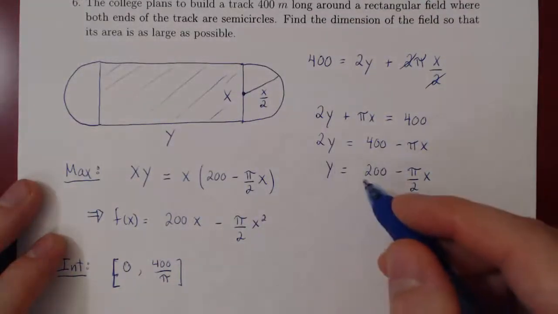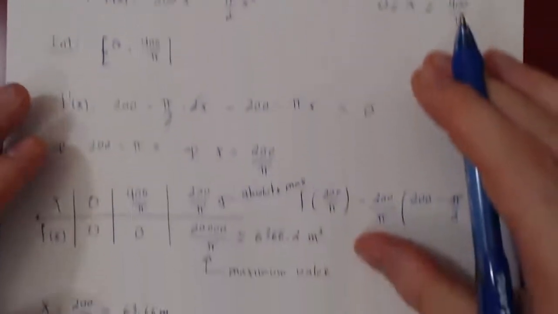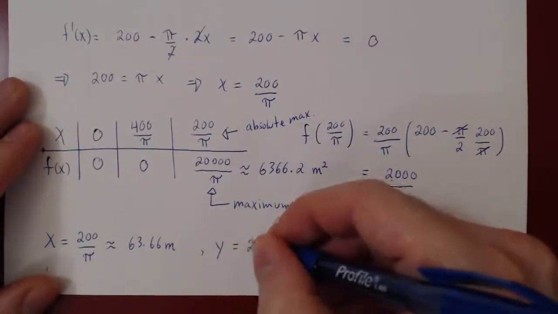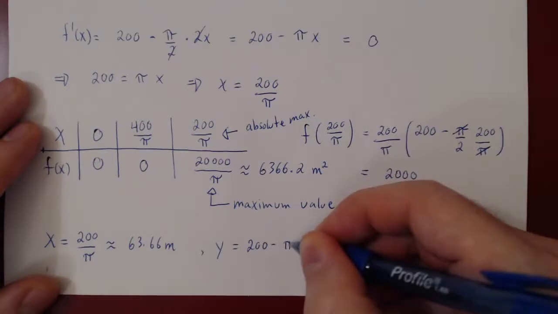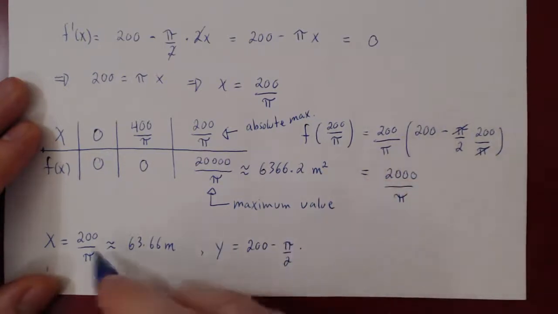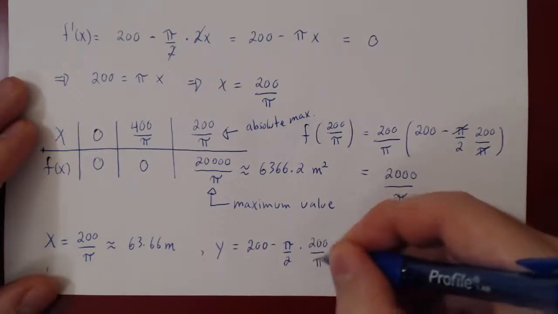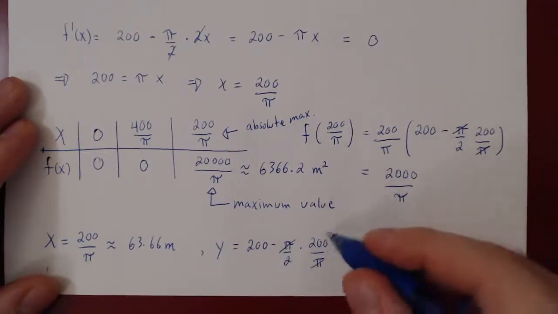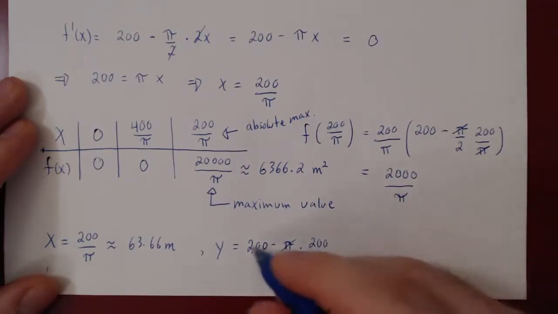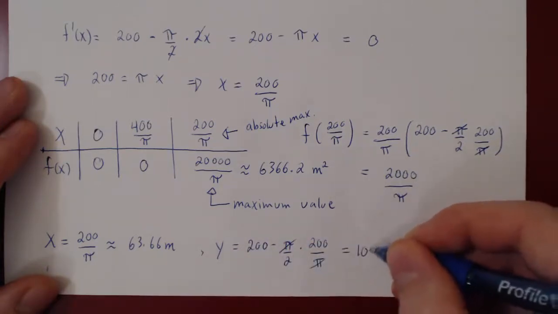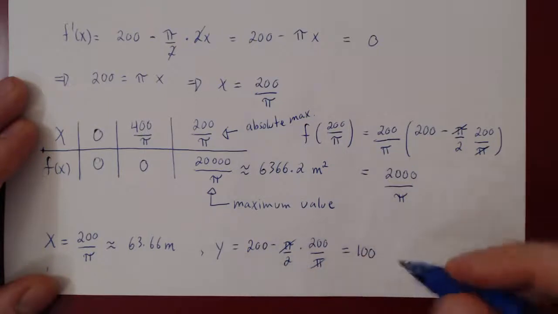And y was 200 minus pi over 2 x. So let's see. y was equal to 200 minus pi over 2 times x, which is 200 over pi. Pi over pi cancels. 200 over 2 is 100. 200 minus 100 is simply 100. So the length of the field is exactly 100 meters.